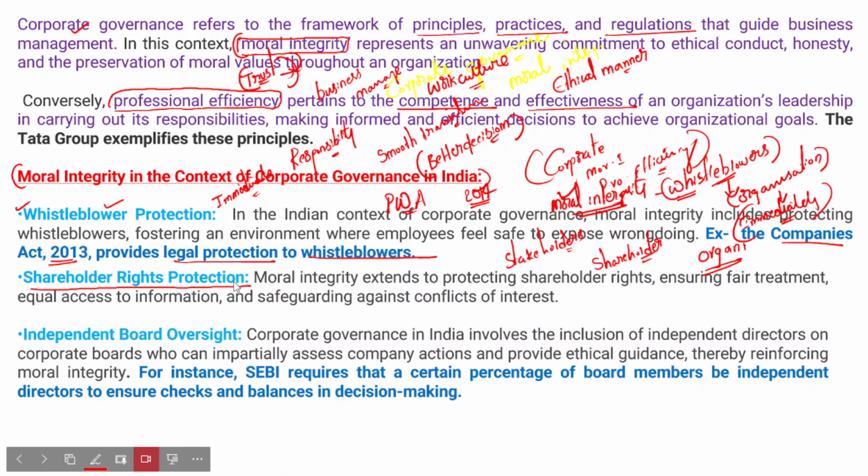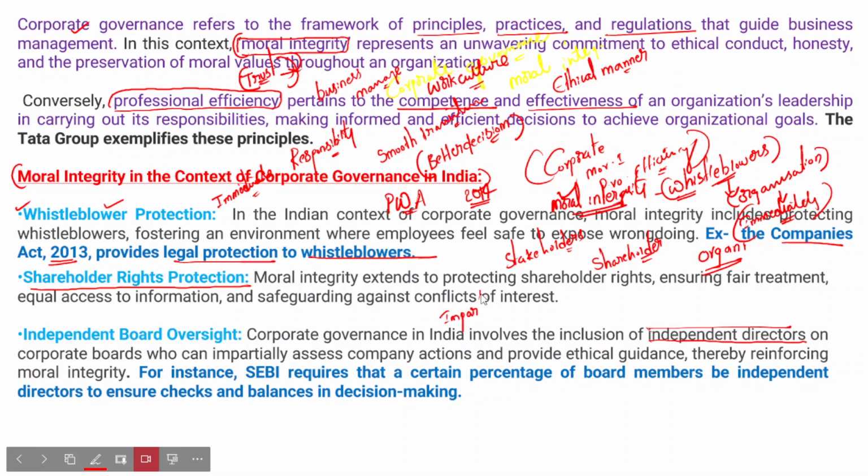In any corporate company, there are different board members and directors also. One such type of director is the independent director. There are independent directors on the board of a corporate company. These independent directors very often act in an impartial manner.